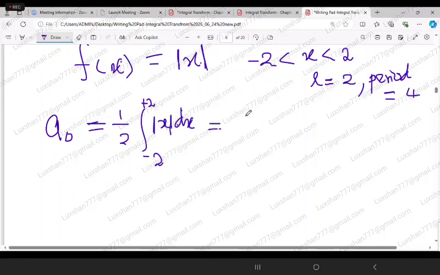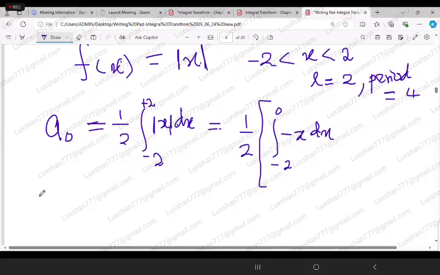This is equal to half times. Actually, we have to split the interval minus 2 to plus 2. So minus 2 to 0, the function is minus x, because in the negative side, we know the absolute value function definition.